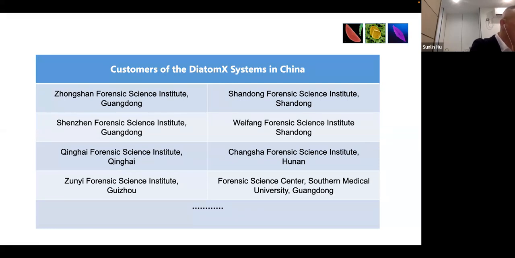They were purchased and used in about 10 forensic labs in China. Not many, but you know, these systems were just released recently.